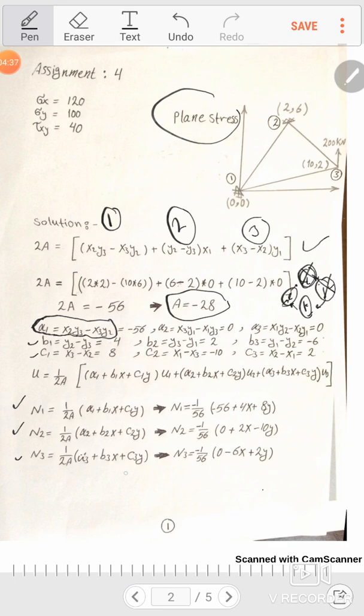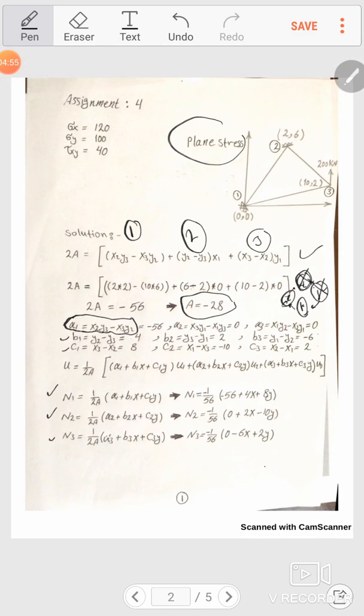And this is the rule that you can follow to find the equation, or I can say it's like an equation for node number 1 and node number 2 and number 3, depending on the general rule here. So here this is for node number 1, node number 2, and node number 3.